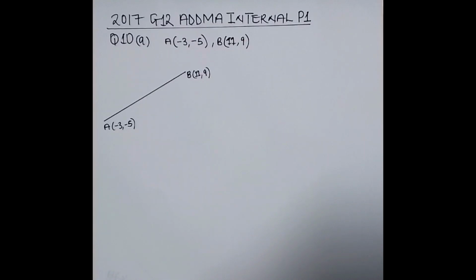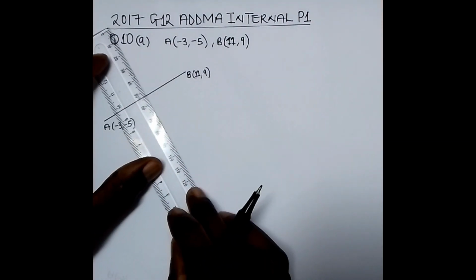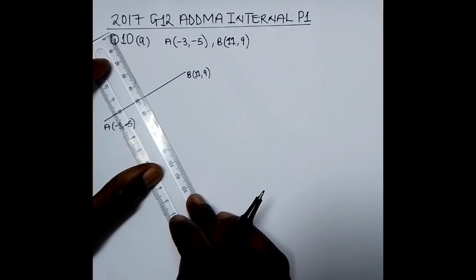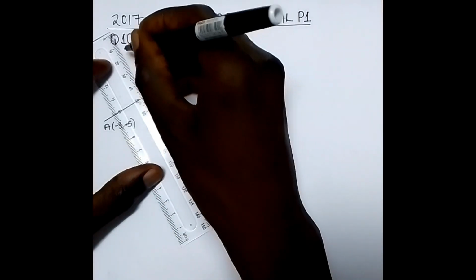Now, if these are the 2 points, we have to come up with the bisector of these 2 points, a line that cuts them halfway. So we come up with a line cutting this line AB into 2 equal parts, let's just estimate somewhere here.